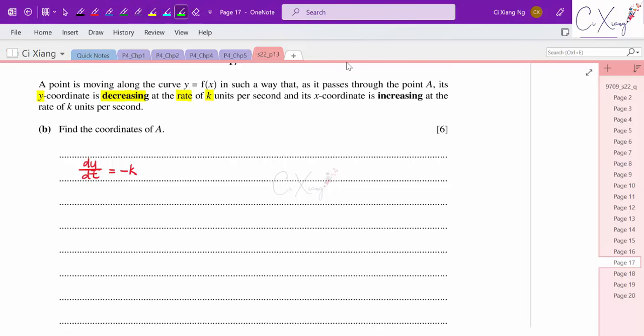After that, they are saying that the x coordinate is increasing at the rate of k units per second. For this particular phrase, if I try to rephrase it into a symbol, the x coordinate is increasing at a certain rate over time, so it will be dx over dt.